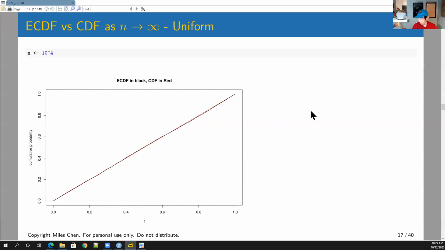And if I go up to 10,000 values, 10 to the 4, we get something that lines up quite closely, not perfectly so, but quite closely. And it supports the idea that as n increases to infinity, the empirical CDF is going to converge to the true CDF.